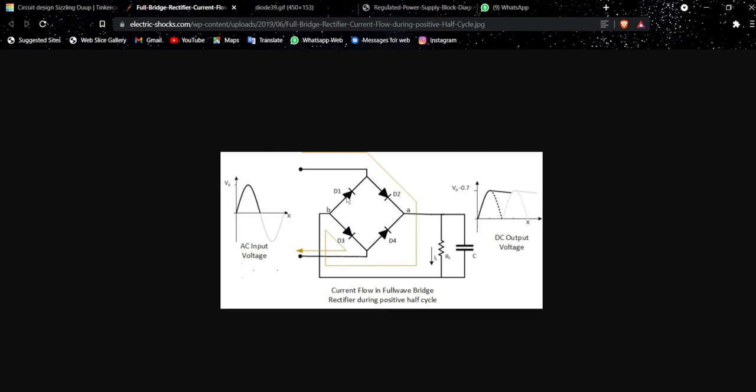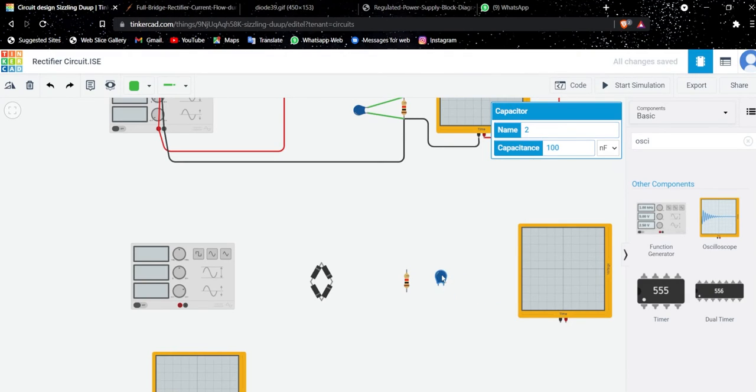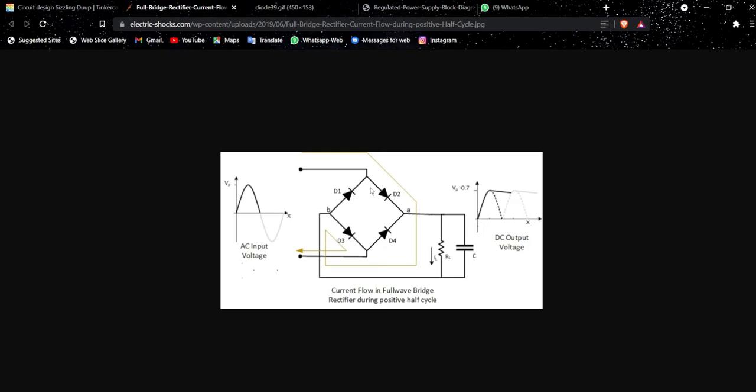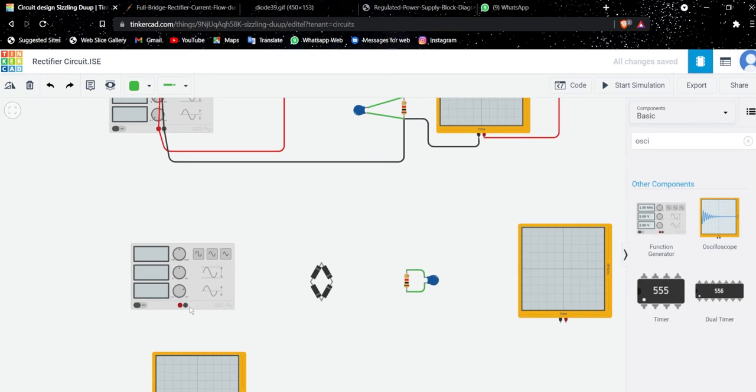The diodes are connected like this. Capacitance, we connect to the resistor. So here in this terminal and this terminal, and at the terminals after the first diode and the third and fourth diodes, we have connected the power supply. So here we connect the power supply. This is our function generator here.